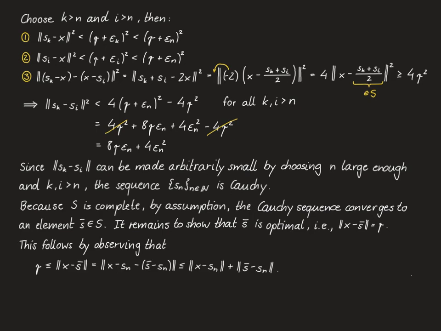And this follows from the observation that gamma is less than or equal to the norm of x minus S bar, because S bar is a vector in the subspace S, which can be written as the norm of x minus Sn minus (S bar minus Sn), and then using the triangle inequality, this is less than or equal to the norm of x minus Sn plus the norm of S bar minus Sn. And now the first term goes to gamma, and the second term goes to 0 as n goes to infinity.